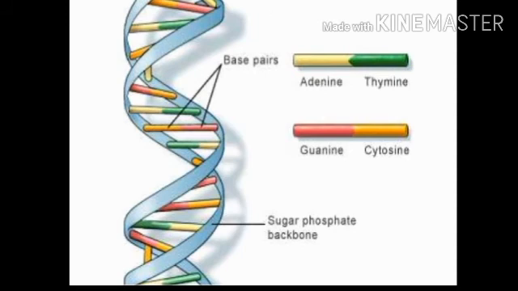The nitrogen base pairs are perpendicular to the sugar in a DNA molecule. Adenine will always pair with thymine and guanine will always pair with cytosine. These are nitrogen base pairs. And sugar phosphate forms the backbone.